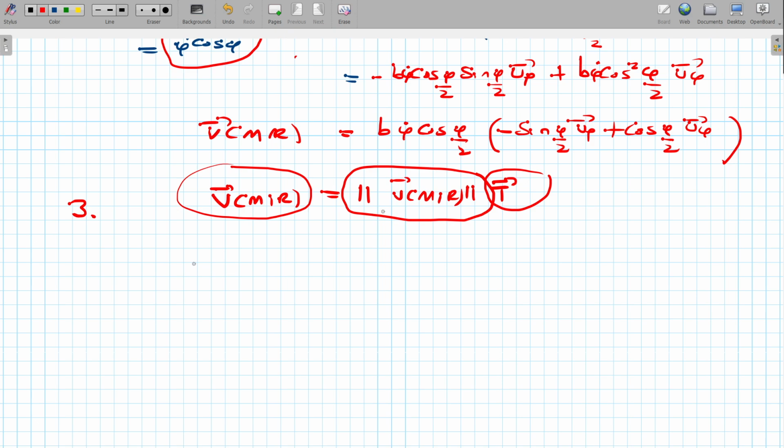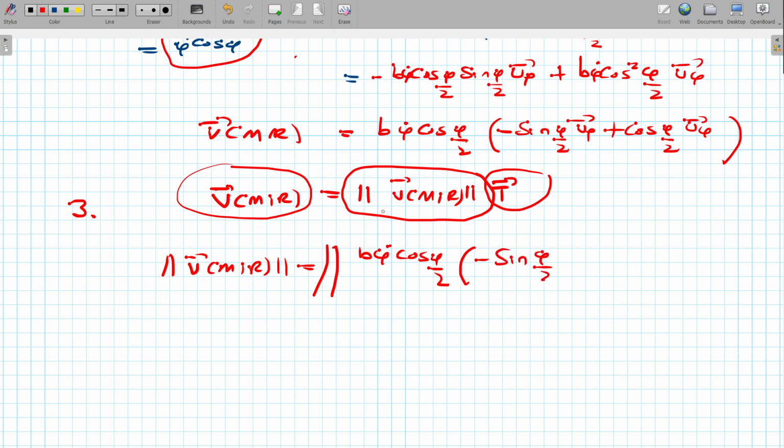So how do we find the norm? The norm of the velocity of the point M in the reference frame R is going to be equal to the norm of the expression for the velocity. We'll write it: cosine phi divided by 2, and then we have minus sine phi divided by 2 u r, plus cosine phi divided by 2 u phi, like so. The norm, you can say, is the norm of this constant, because we have a product.